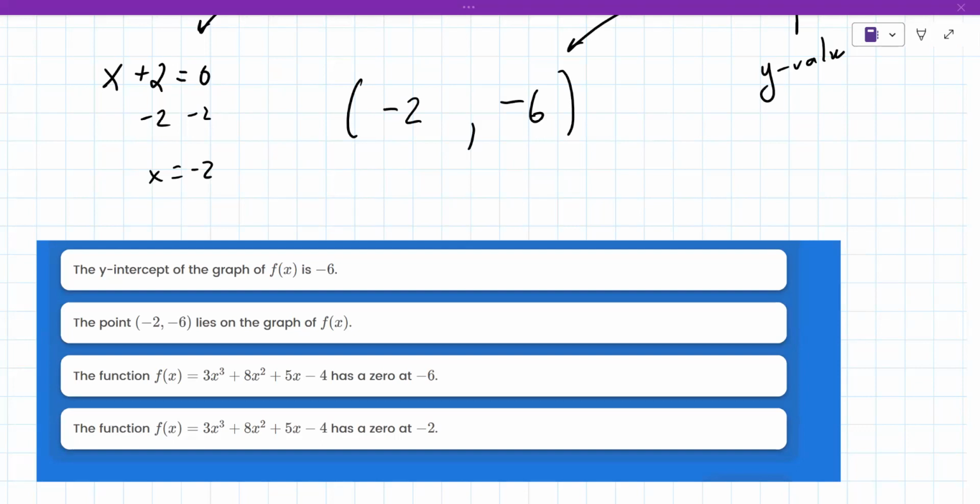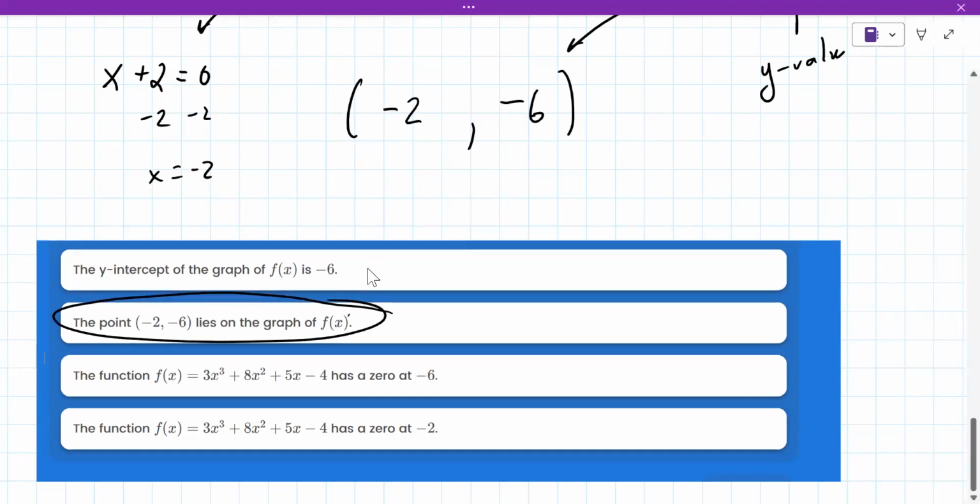Wouldn't it be on the point (-2, -6) on the graph of f(x)? Yes, that one.